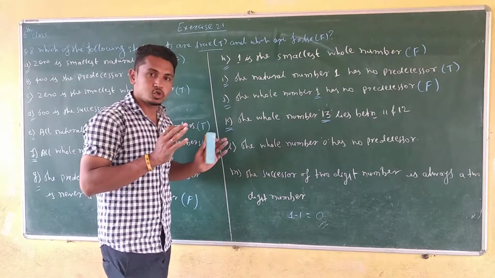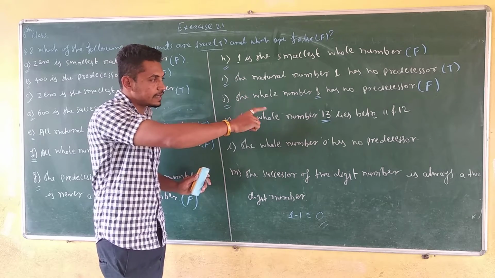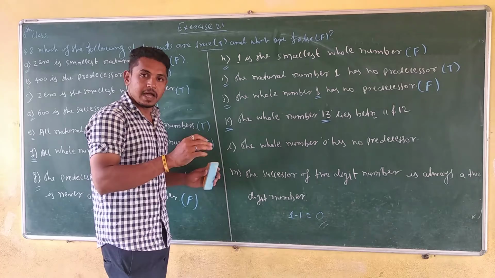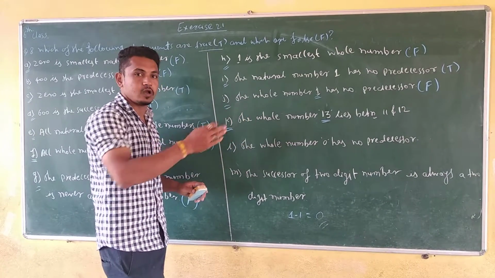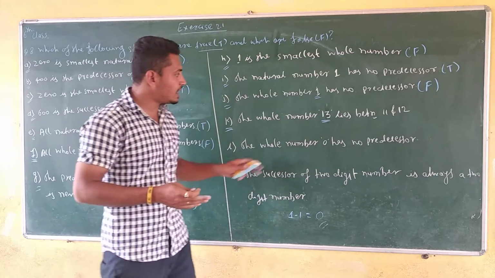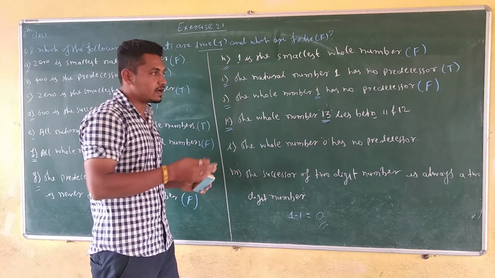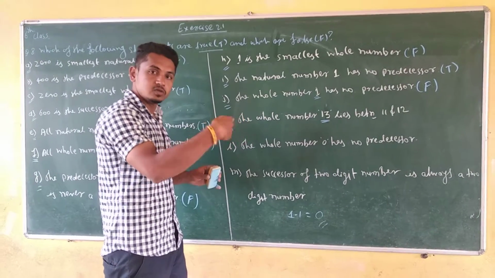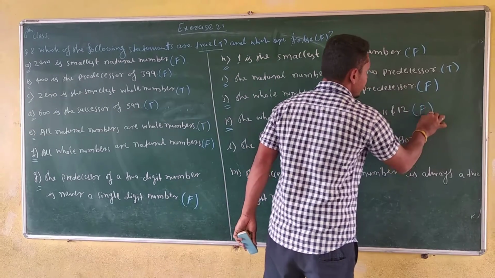Then 13 should be greater than 11 and smaller than 12. Only then does 13 lie between 11 and 12. But here 13 is greater than 12. 13 is greater than 11 and 12 also. So this statement is false.